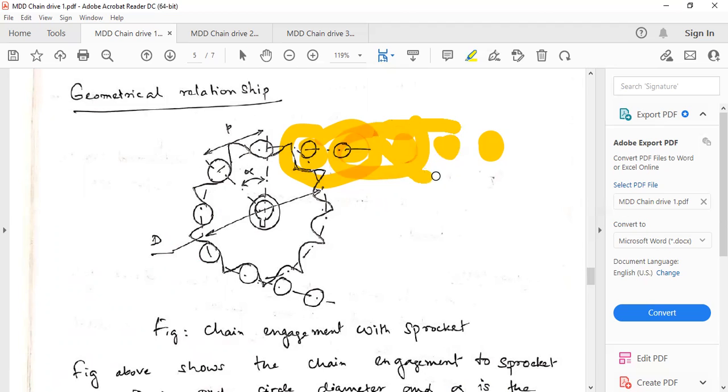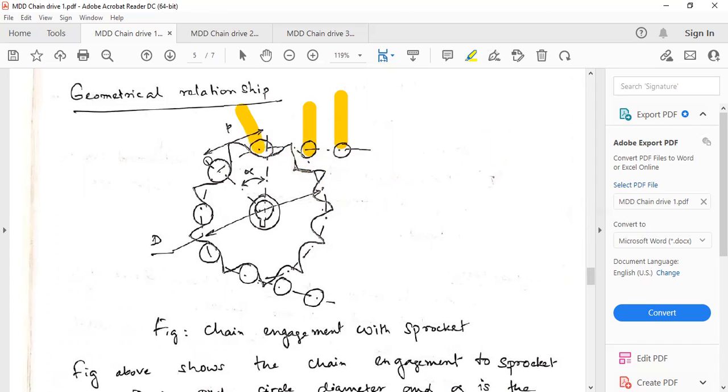The links are not shown here. We have shown the rollers, and if you measure the distance between the centers of each roller, that is called the pitch. These are pitches.